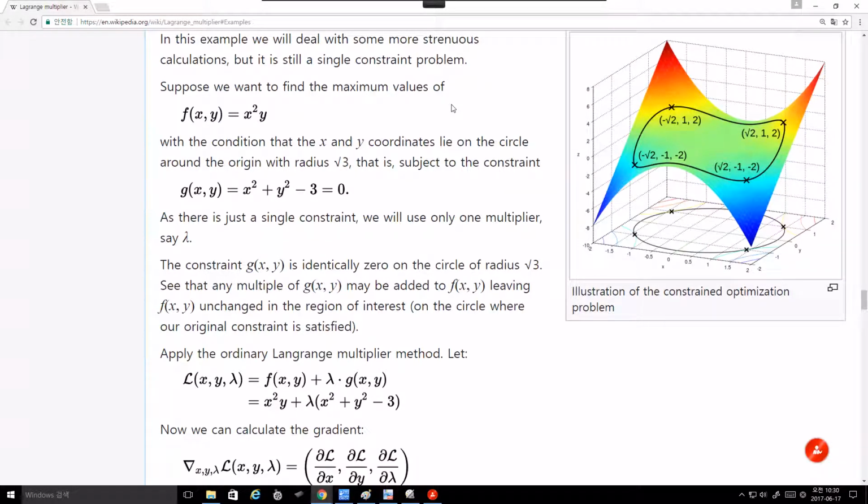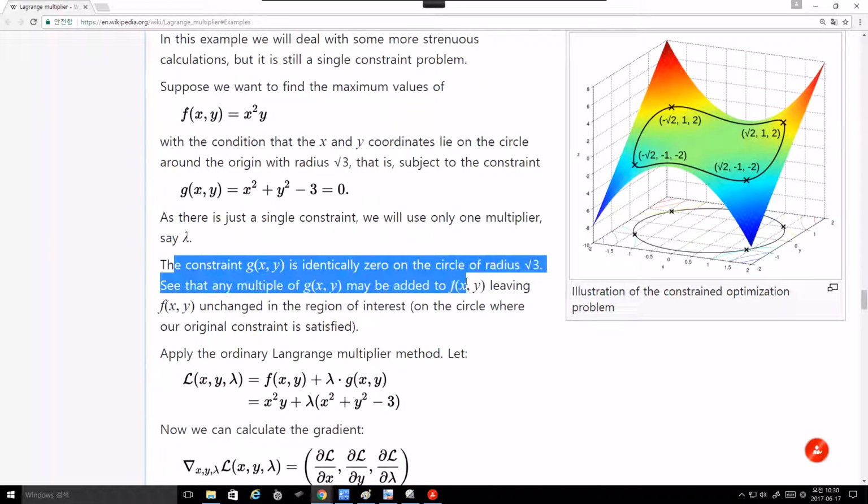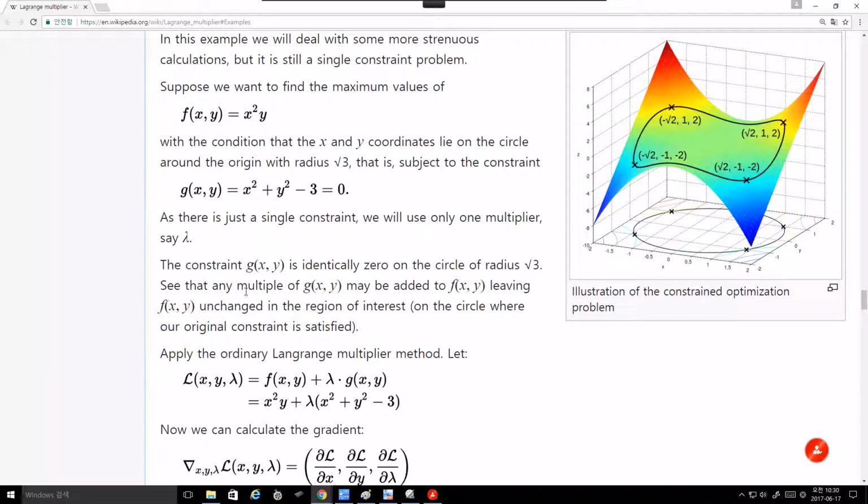That is, subject to x squared plus y squared minus 3 equals 0. As there is just a single constraint, we will use only one multiplier, say lambda. The constraint g(x, y) is identically 0 on the circle of radius root 3. Any multiple of g(x, y) may be added to f(x, y), leaving f(x, y) unchanged in the region of interest.